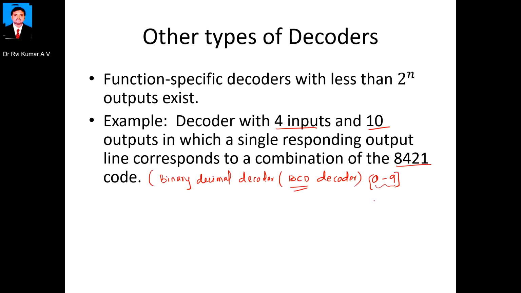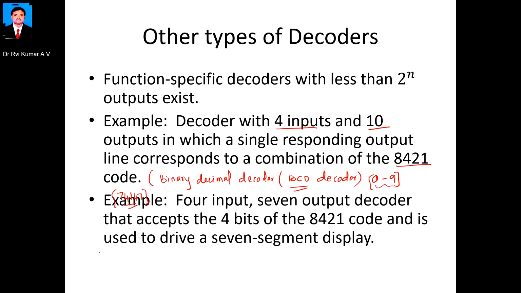Here we have the IC 74147. This is one of the decoders. It will be a BCD decoder. For example, a 4 input 7 output decoder accepts a 4-bit 8421 code and is used to drive a 7-segment display. This we can also use for a 7-segment display.